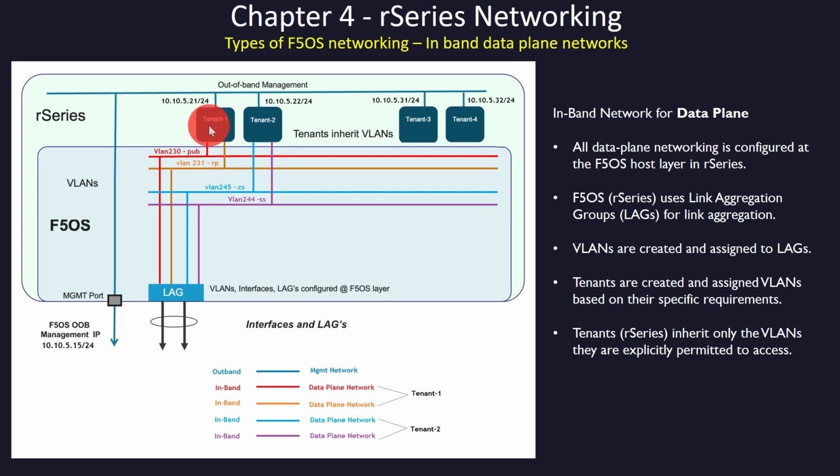In this example, tenant 1 inherits VLAN 230 and VLAN 231, which were permitted during the tenant deployment. Tenant 2 inherits VLAN 244 and VLAN 245, also permitted during the tenant deployment.